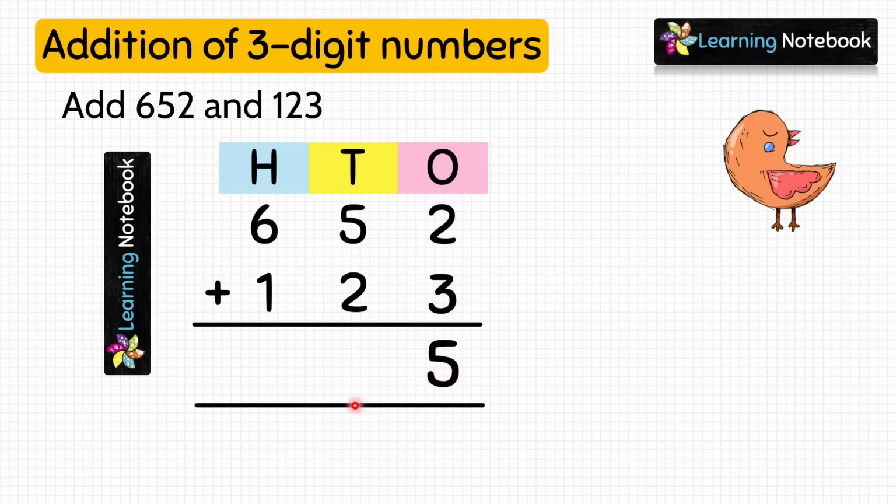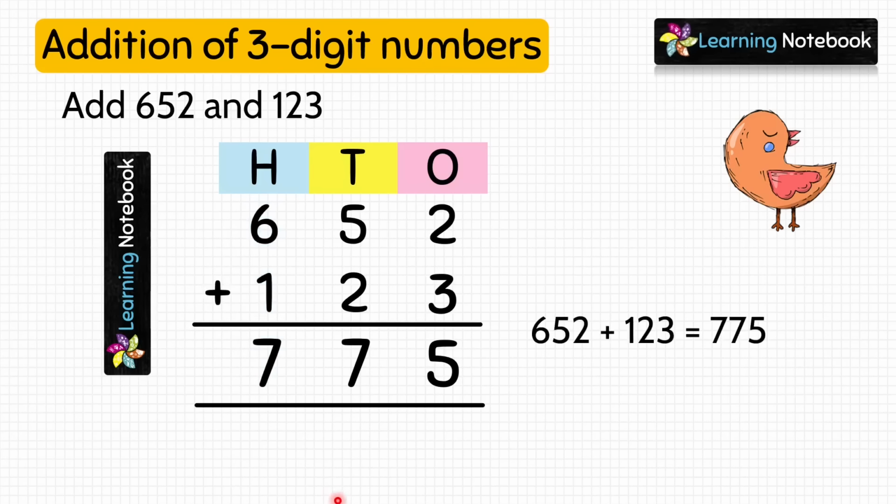Now we will add the digits at the tens place. 5 plus 2 equals 7. And then we will add the digits at the hundreds place. 6 plus 1 equals 7.